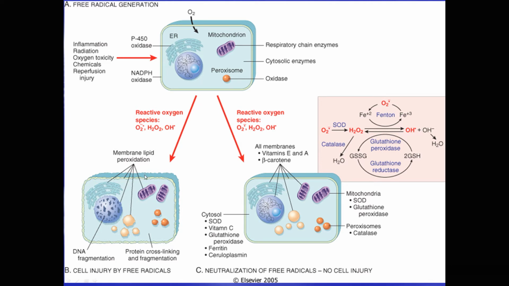Membrane lipid peroxidation affects all membranes: plasma membranes, Golgi apparatus, lysosomes, mitochondria. And here is the inactivation in the cytosol as a result of the action of superoxide dismutase, vitamin C, glutathione peroxidase, and so on. Neutralization, preventing the cell injury.